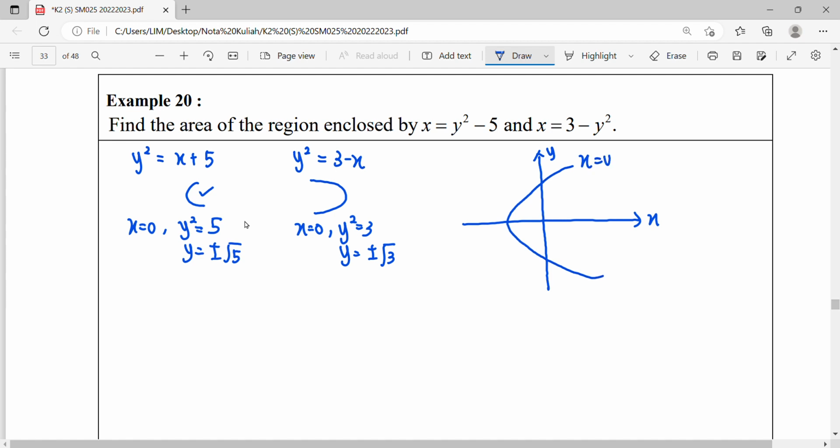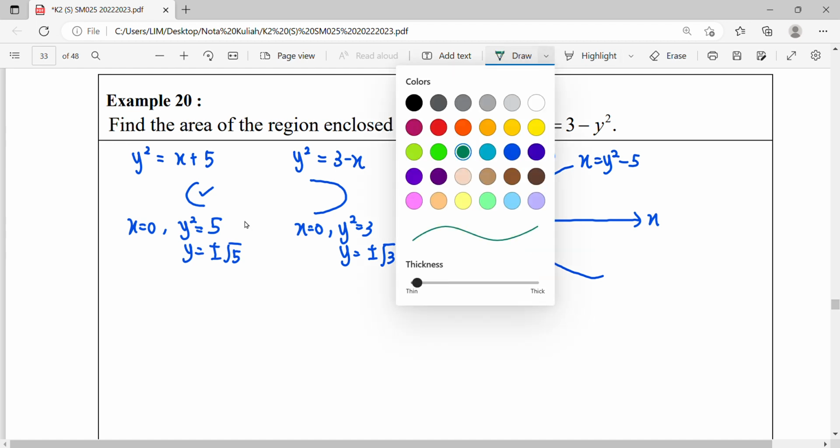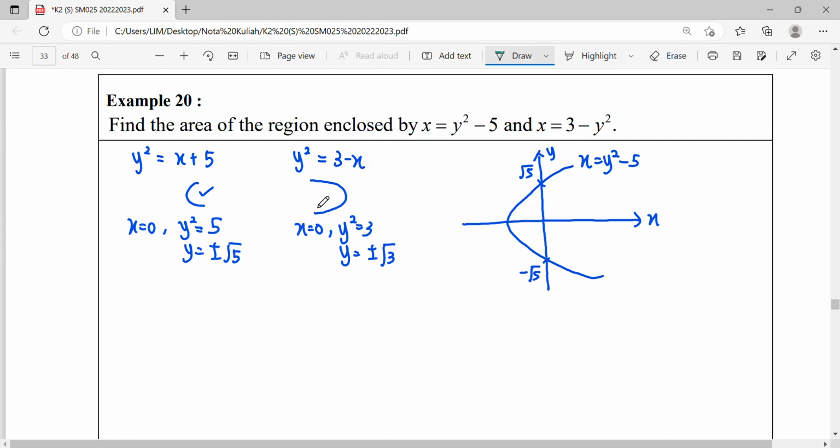This is x equals y squared minus 5, with intersections at square root 5 and negative square root 5. Then another graph here, a parabola open to the left. It intersects at square root 3 and negative square root 3. So square root 3 here is lower than square root 5.